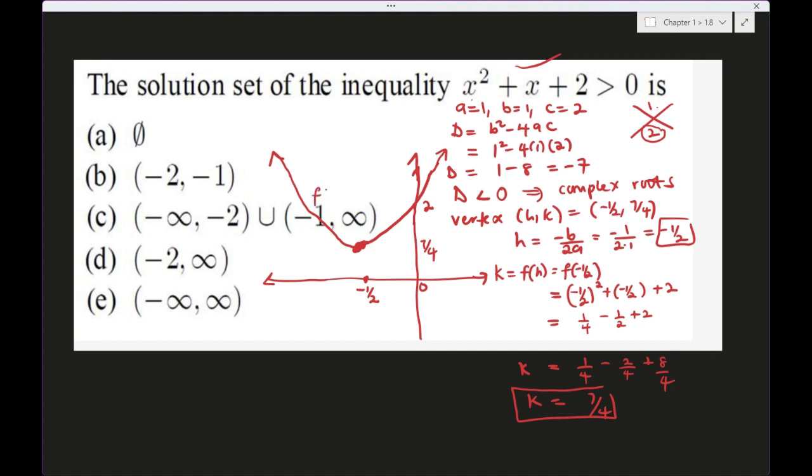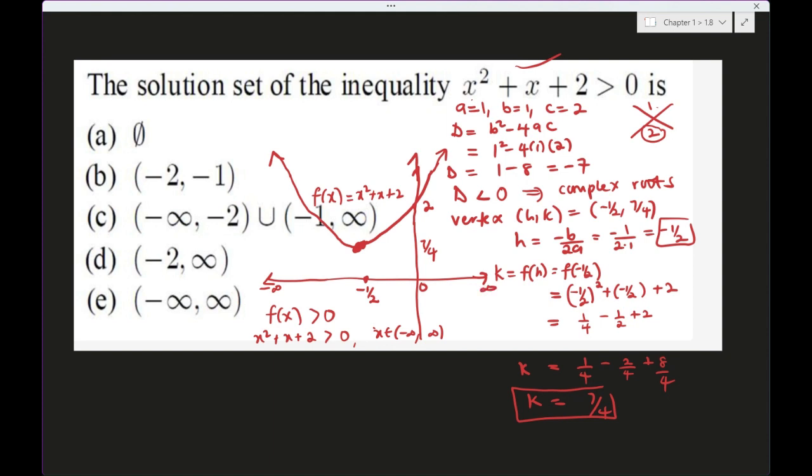So this graph is actually our f of x, which is x squared plus x plus 2. This is telling us that for every x, our f of x is greater than 0 because it is above the x-axis. In other words, x squared plus x plus 2 is greater than 0 for every x between minus infinity and infinity.